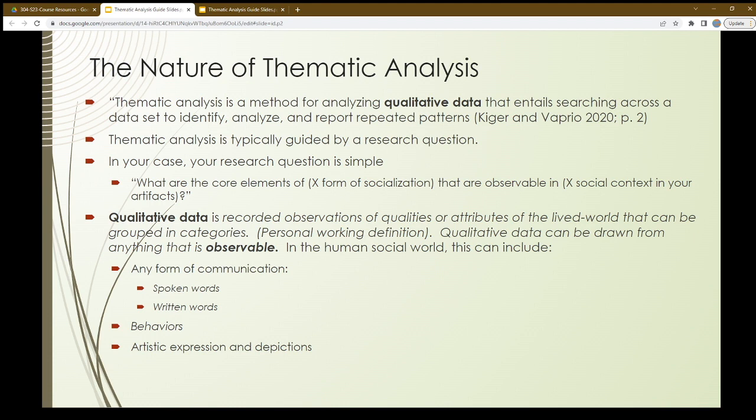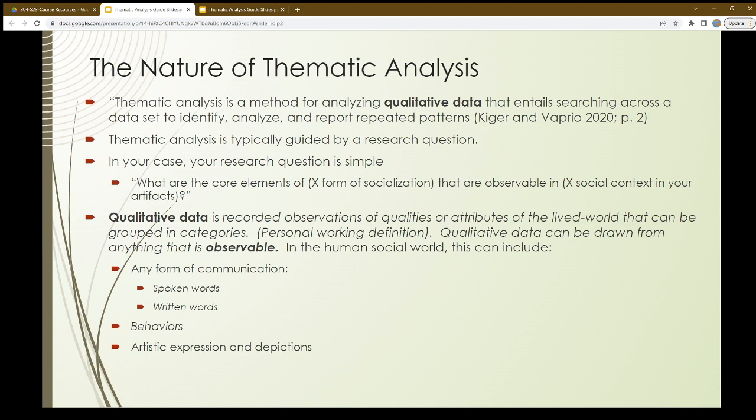So let's say you are doing something on gender socialization, which could be a senior seminar project or it could be a socialization project. And you want to examine Barbie ads from the 90s, which actually would be really, really interesting. I'm pretty sure all of those are on YouTube somewhere. But you could ask the question: what are the core elements of gender socialization that are observable in Barbie ads from the 1990s?